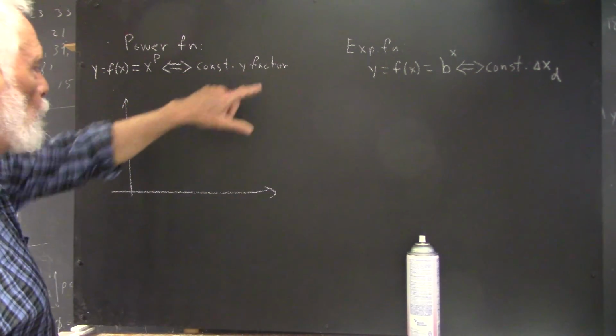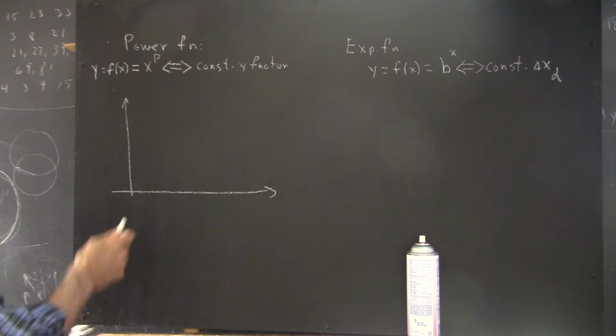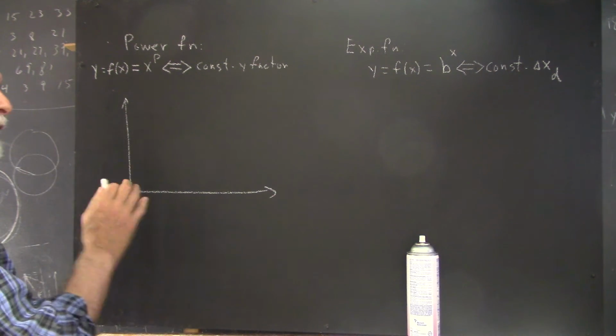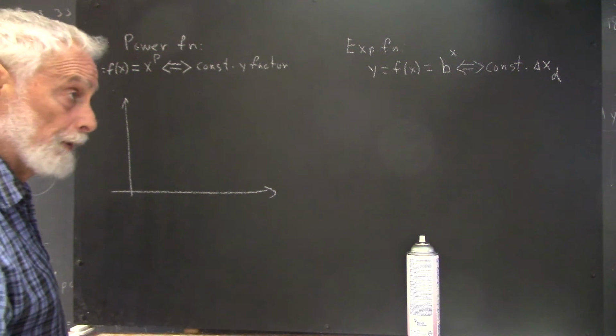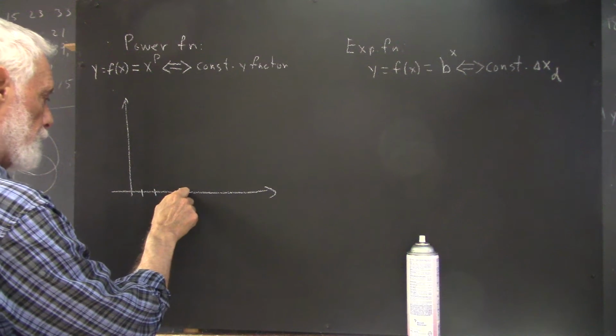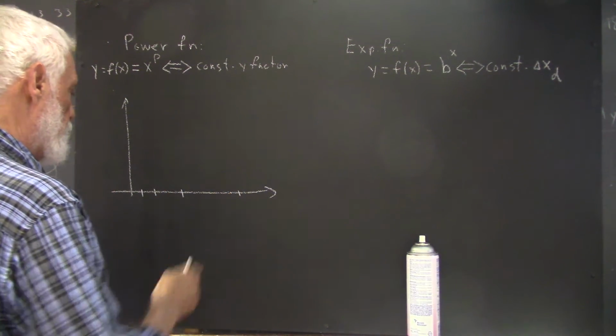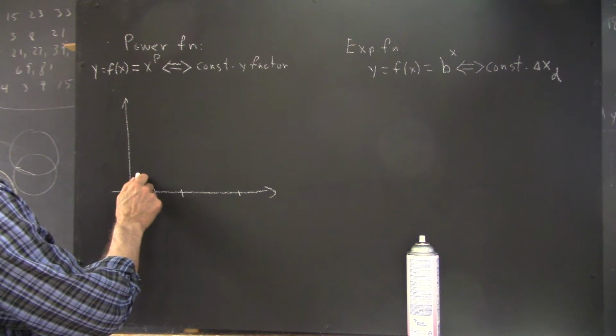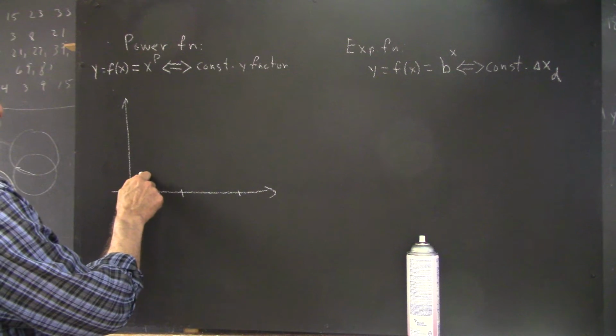If you have a constant y factor, then this means that y changes by a constant factor every time x doubles. So here we have a value of x, here we have a doubling value of x, double that, double that. Now we do this with compass and straight edge, but I'm just going to slop it down here. So I pick any value for my initial value of y.